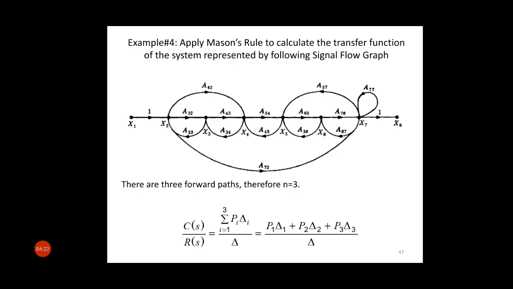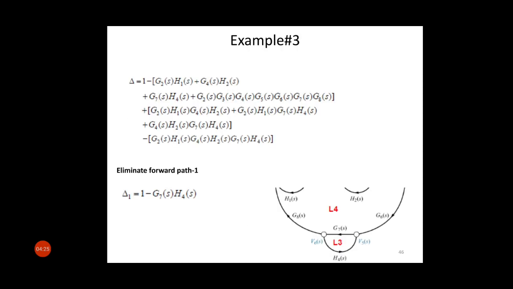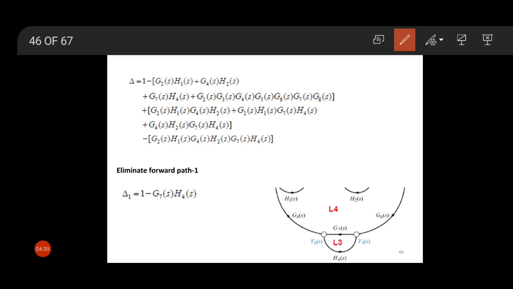Then put the values. What is the transfer function? C by R is equal to P1 del 1 by del. Put the values of P1, del 1 and del. Clear?